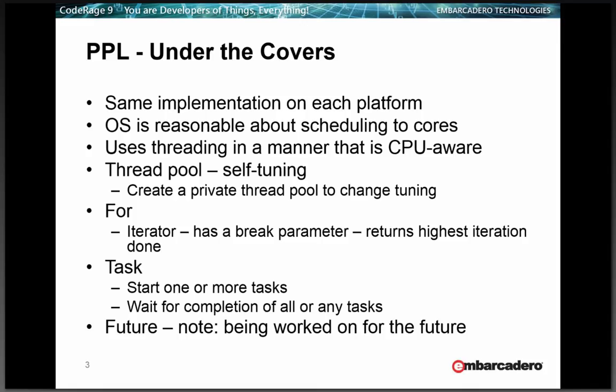As I mentioned, a for loop has an iterator that allows you to do the processing inside of the for loop, especially handling the index that you're processing through. It has a break parameter so that you can break out of one of the iterations of the for loop, and you can also do more control of the parallel for loop to see where you are on the iterations.